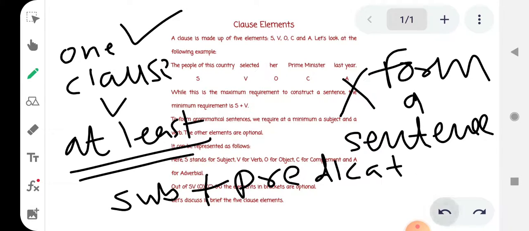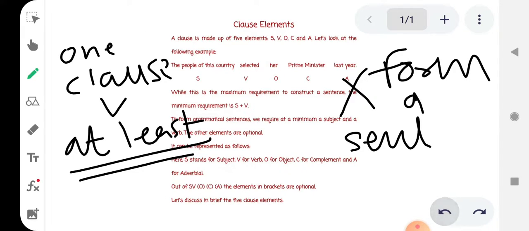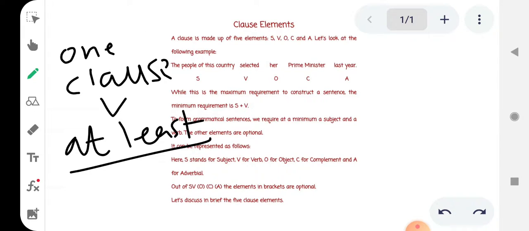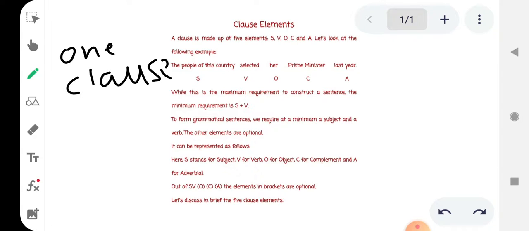So, going further, we'll see that a simple sentence is of a single clause, one clause.